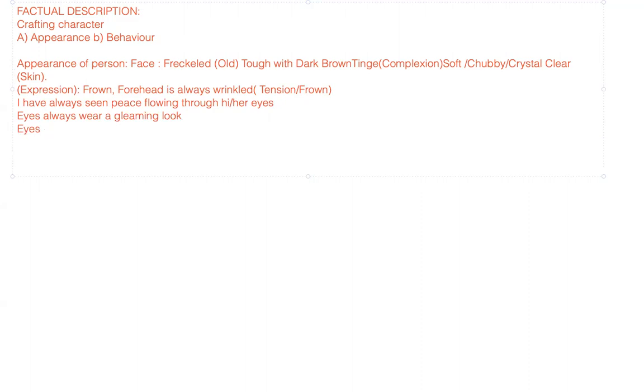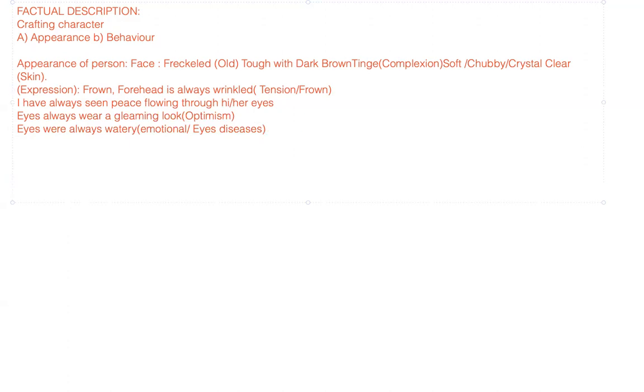Or eyes were always watery, just to mark that the person is quite emotional. This can also talk about an eye disease the person is having, so it depends what context you are using. Gleaming look means the person always has optimism. So through an expression, rather than just one word, you can talk about the person's appearance.